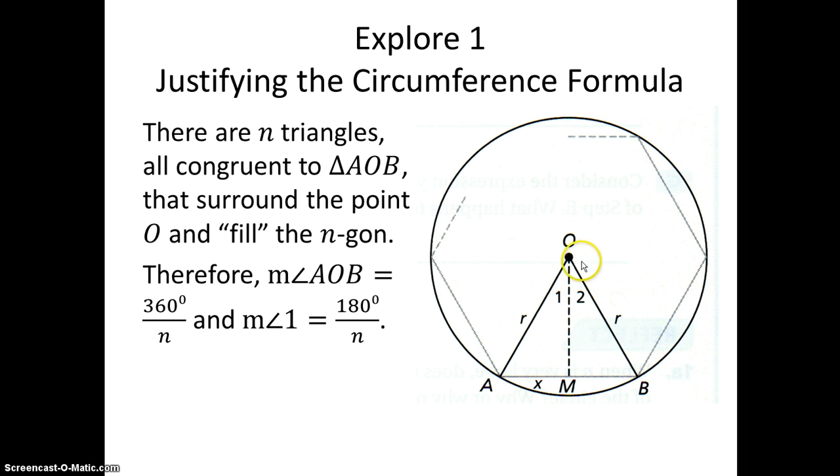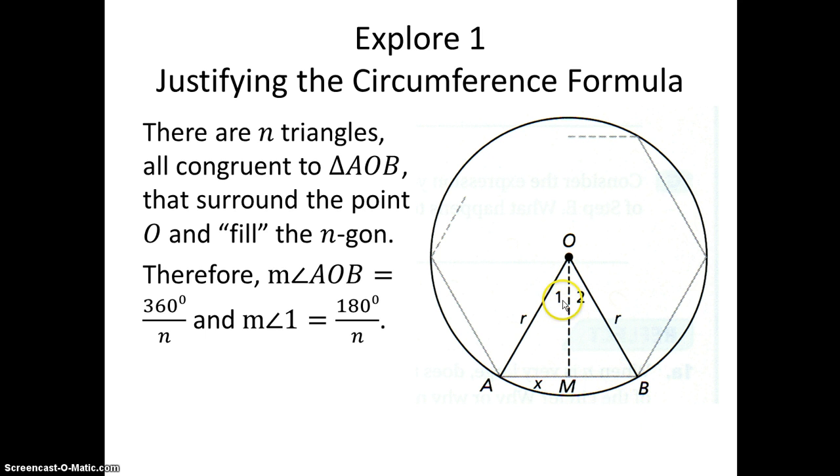But if all of these triangles are congruent to each other, so here's one triangle, AOB, here's another one here, this traces out another triangle, and another one would be here. All these triangles are congruent, and if we're looking at this angle here, to find the measure of it, it's just going to be 360 degrees divided by the number of sides on my polygon.